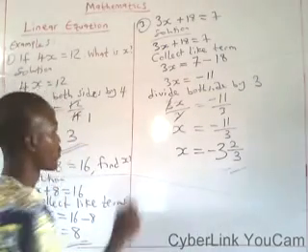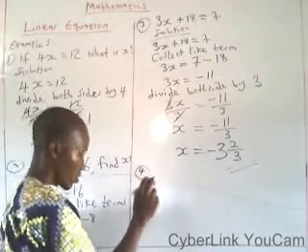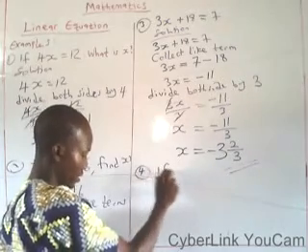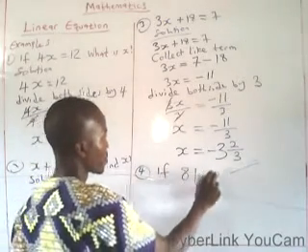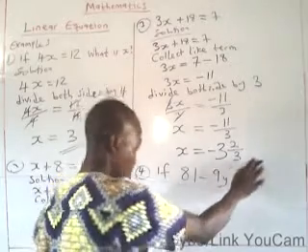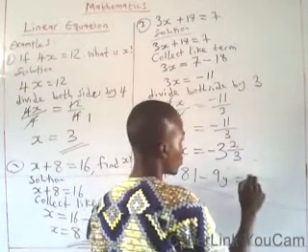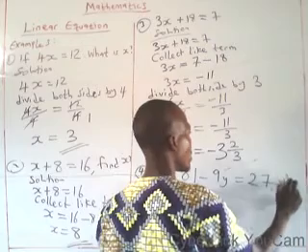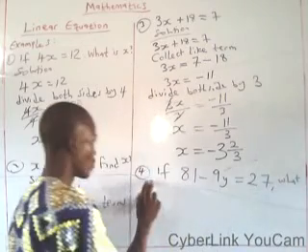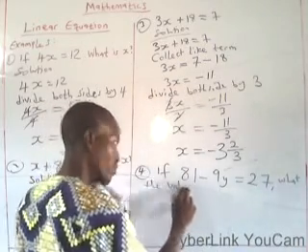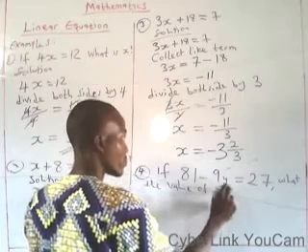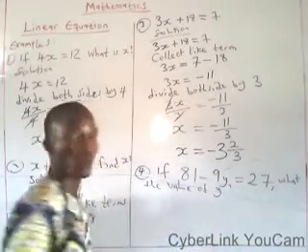Now for the fourth example, example number 4, whereby you are given: if 81 minus 9y is equal to 27, then what is the value of y?